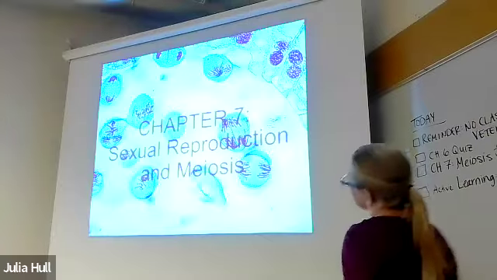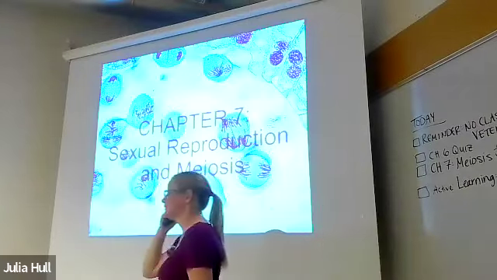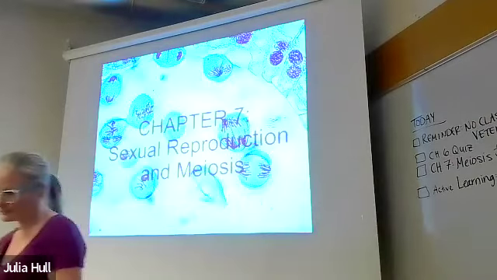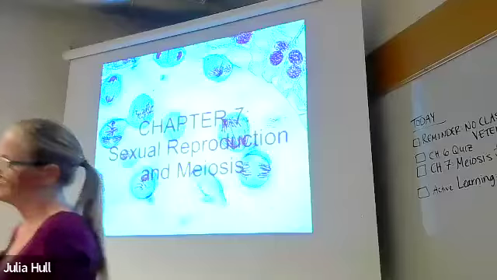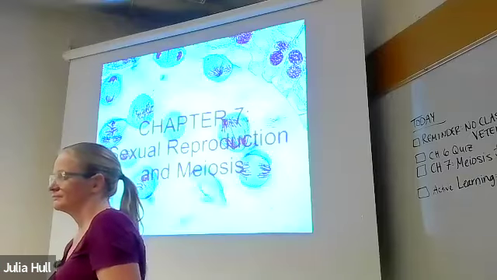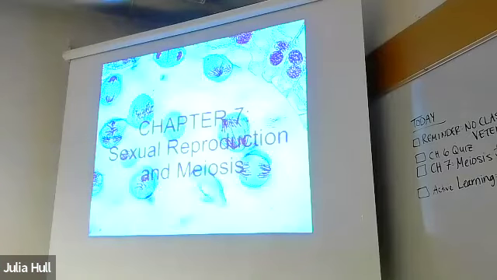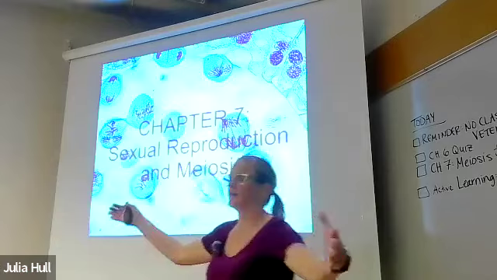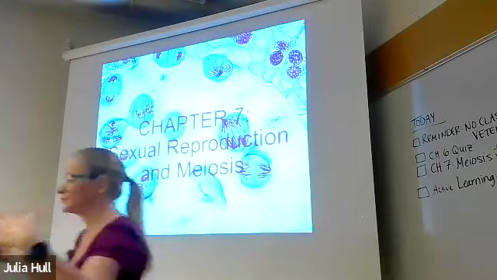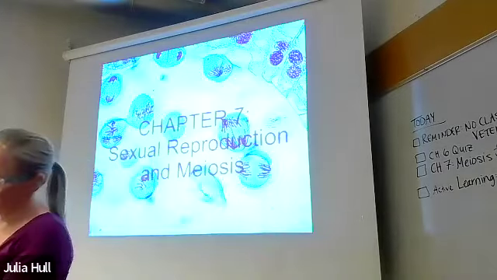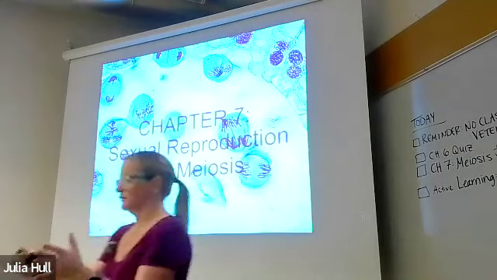Okay, think way back to the very beginning of the semester when we were talking about evolution. Why does genetic variability matter? Yeah, exactly. Having that genetic variability allows different traits to be acted upon by natural selection. And if we lose genetic variability, we're more likely to go extinct.